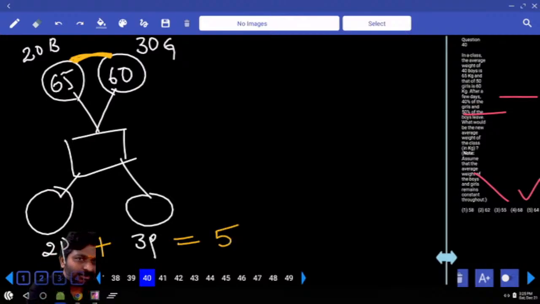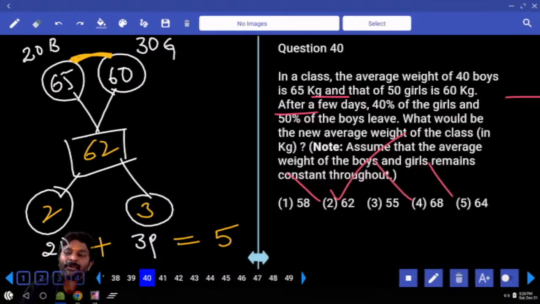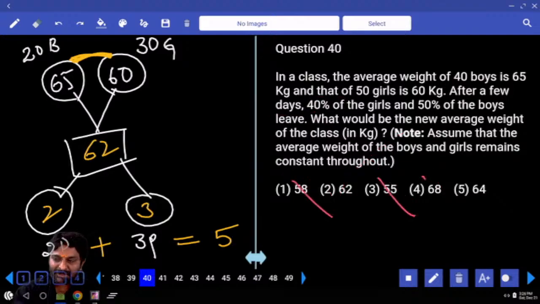That is a point you should know. Sum of parts is 5 parts, if it is equal to average 5, then 1 part is equal to 1, 2 parts is 2. Here it should be 62. Condition satisfied. Got it? Right. If you don't know that point, just go with the elimination process.